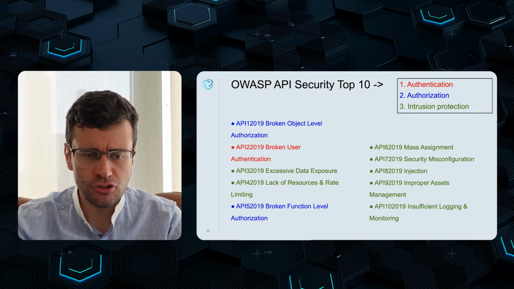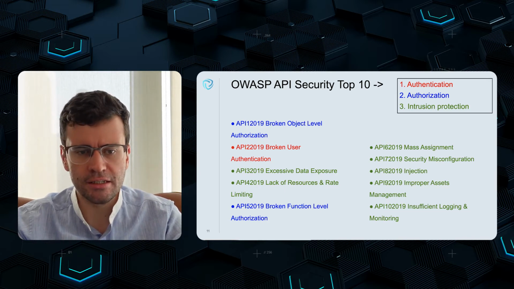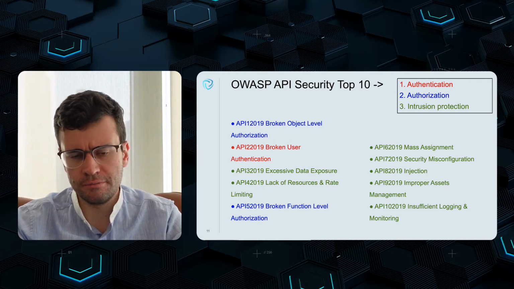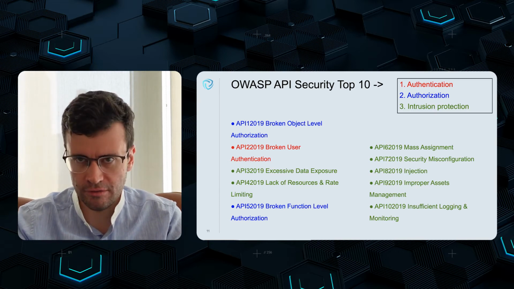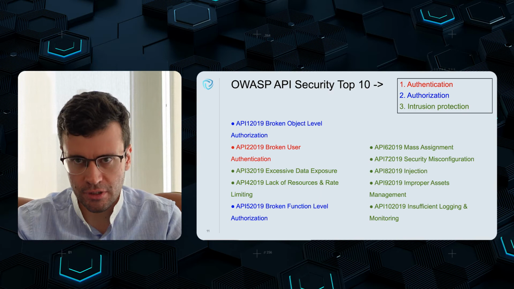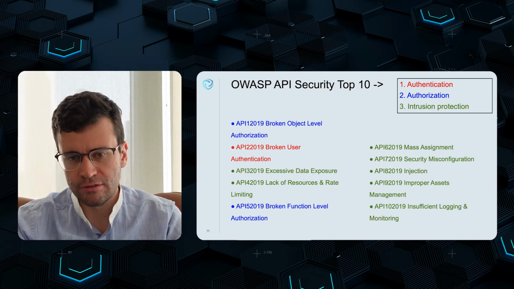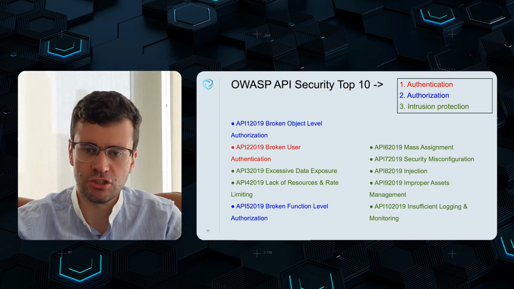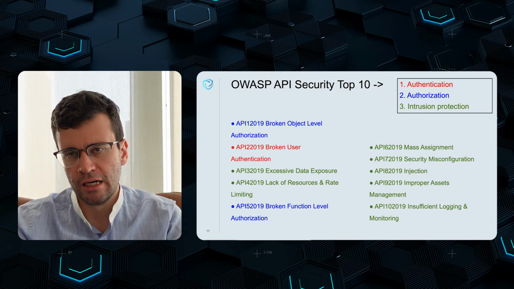The next two risks from the top 5, excessive data exposure and lack of resources and rate limiting, meaning no download limit, are already protection against intrusions that is covered by intrusion protection control. Next comes broken function level authorization again, and then all the other risks, the 6th, the 7th, the 8th, the 9th, the 10th, again, protection from intrusions.